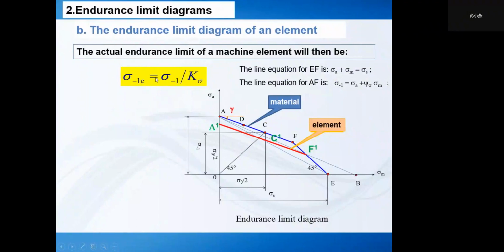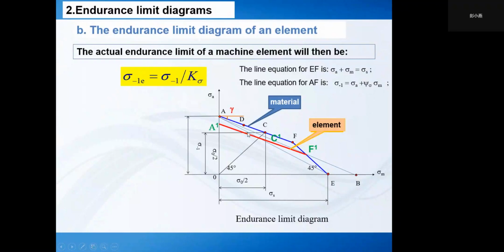And then the actual endurance limit of an element can be expressed as this: sigma minus 1e is equal to sigma minus 1 over K sigma, where K sigma is the combined influence factor.